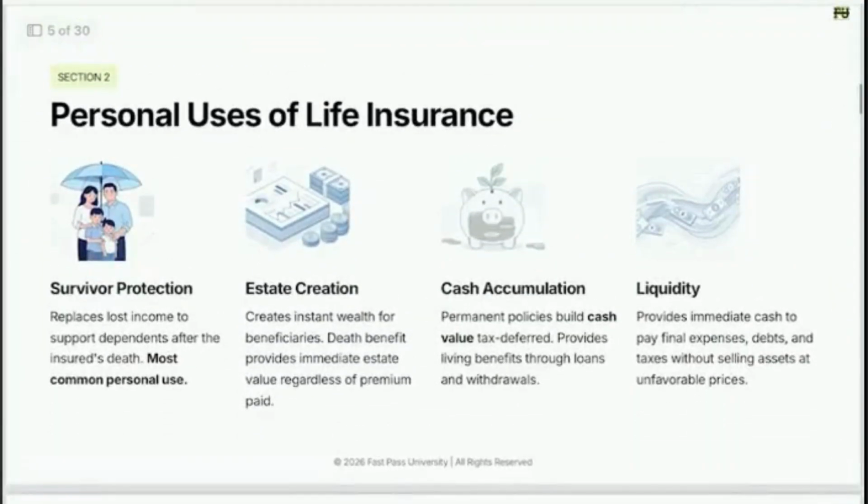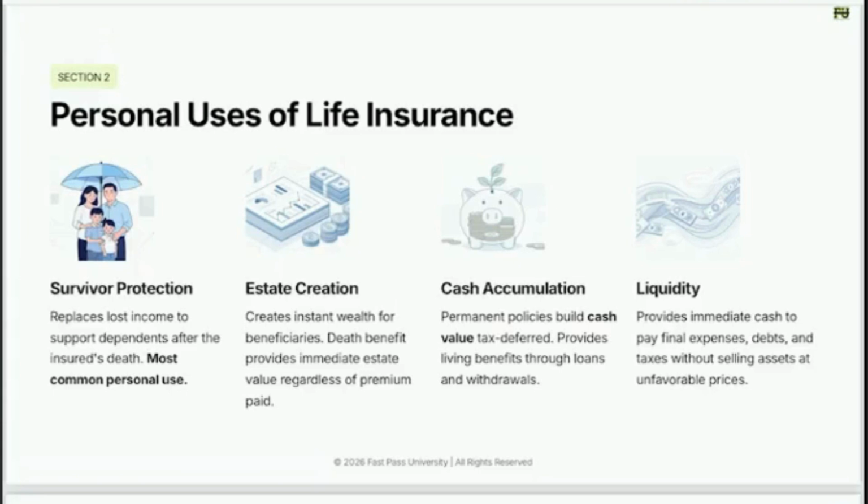Okay, so the majority of the time when we're thinking about life insurance, we are thinking of it from a personal use stance, right? There are business policies, creditor policies, like we just said. I wouldn't say the majority of the policies that are written are for personal use.